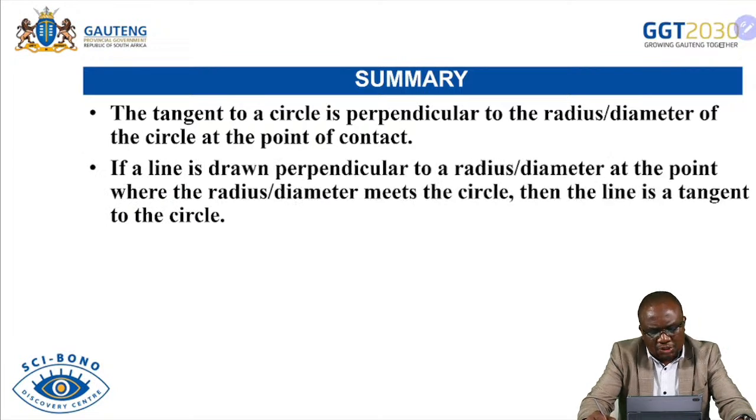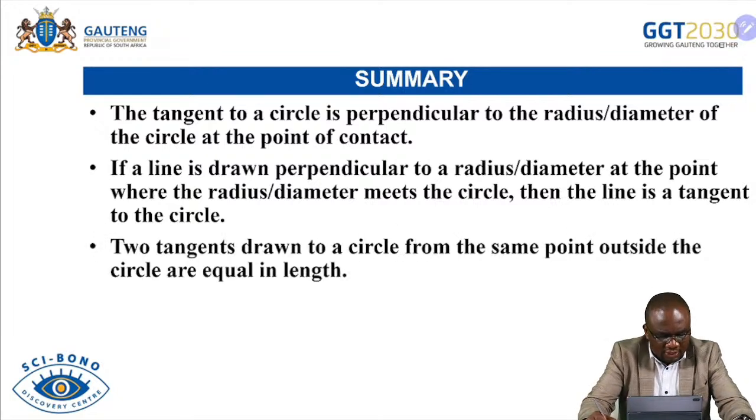The converse: if a line is drawn perpendicular to a radius or diameter at the point where the radius or diameter meets the circle, then the line is a tangent to the circle. Two tangents drawn to a circle from the same point outside the circle are equal in length. We just did that.